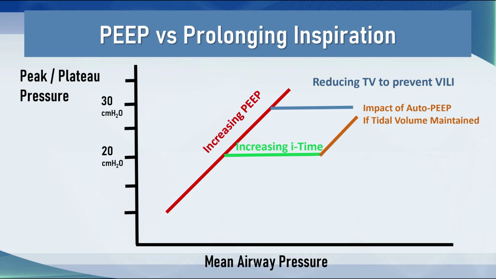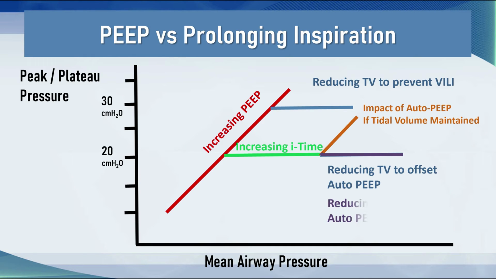Again, in this setting, you can maintain that lower pressure by reducing the tidal volume to offset the Auto-PEEP. The alternative approach is to turn down the PEEP to offset the Auto-PEEP. This is something that we do, for example, in airway pressure release ventilation, and this is a reasonable strategy, and I will explain that in detail later in the course.